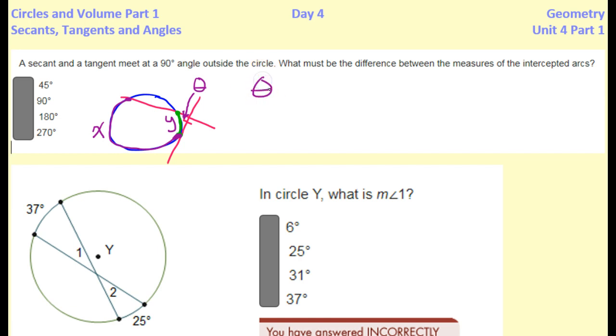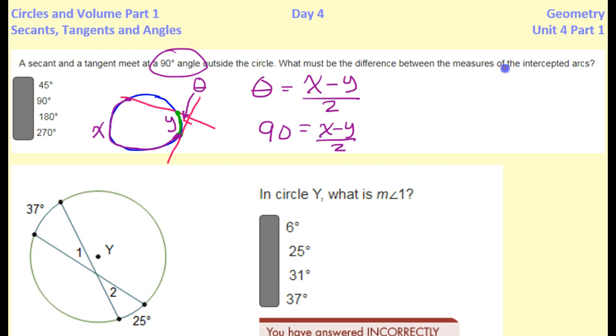So the angle has got to equal (x - y) divided by 2. But we know what this angle is. They meet at a 90 degree angle outside the circle. So that means 90 is equal to (x - y) divided by 2.